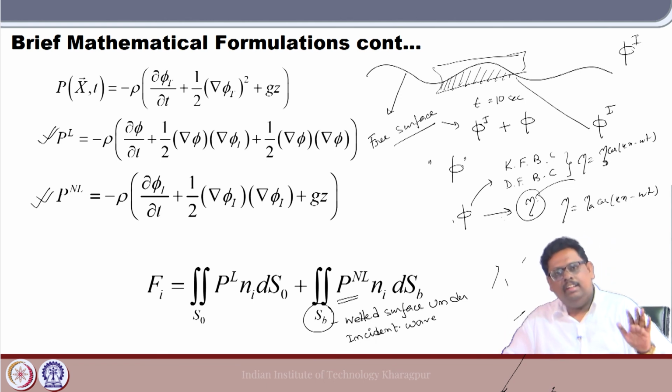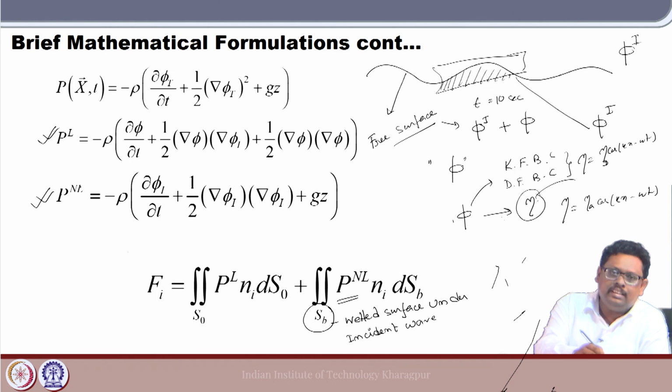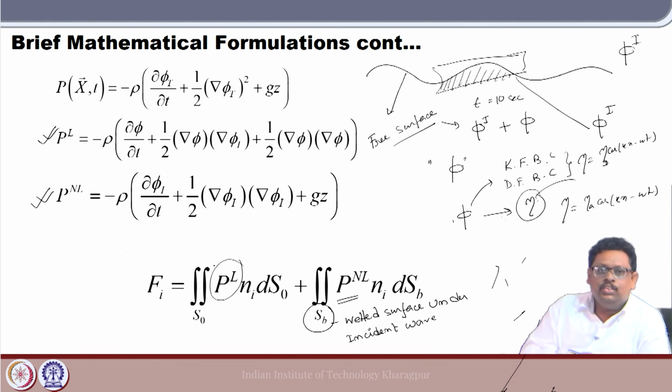So, when I get these two things, this P linear should be integrated on the linear wetted surface S 0, and this P NL should be integrated on the nonlinear, the exact wetted surface under the incident wave potential.